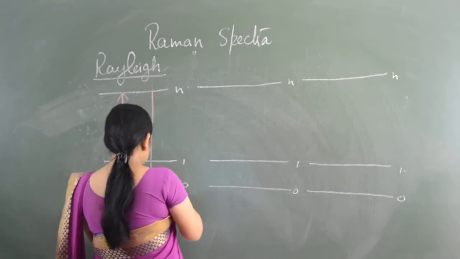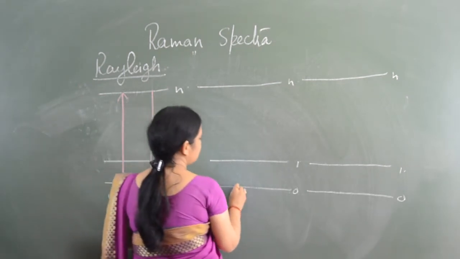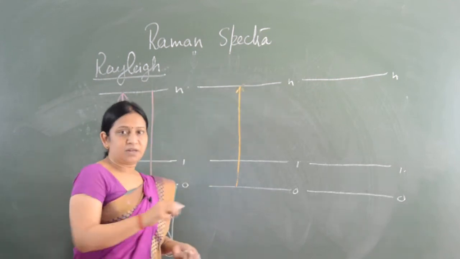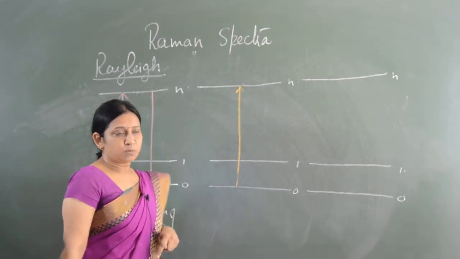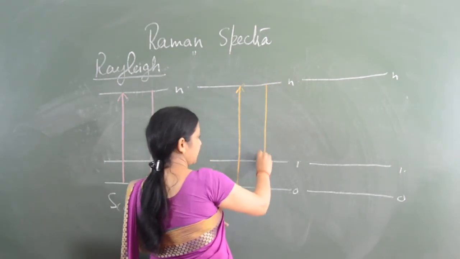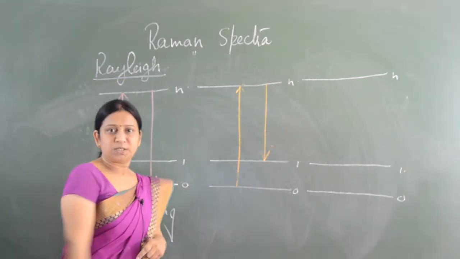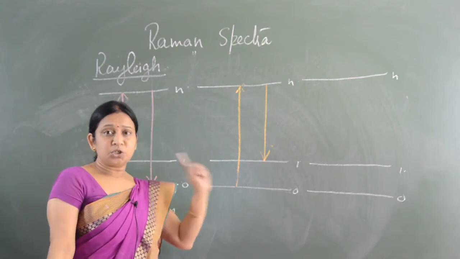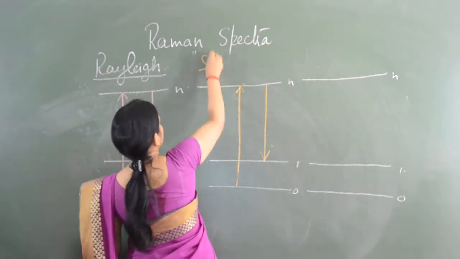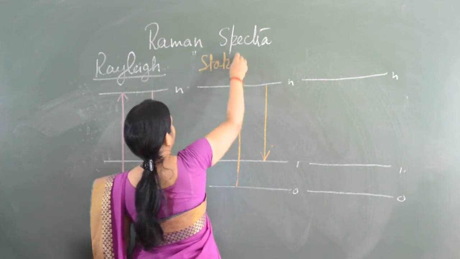In the second case, suppose the molecule is moving from the ground state to some higher energy state, but when it comes back, it is not coming back to the ground state, but to some higher energy state. This is the first condition of inelastic collision, and this is known as Stokes lines.